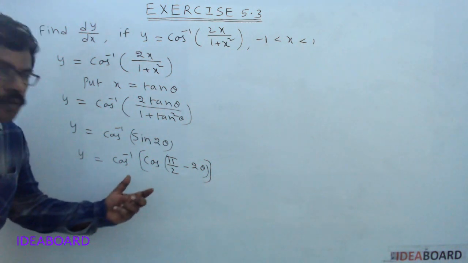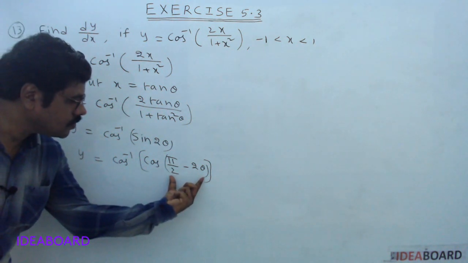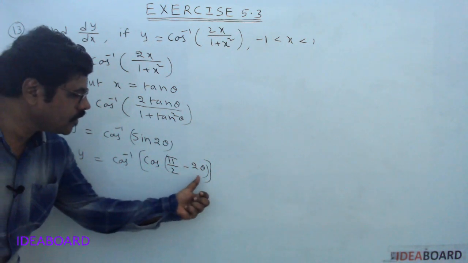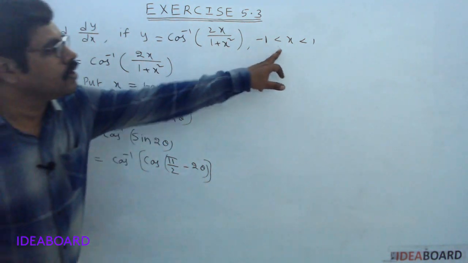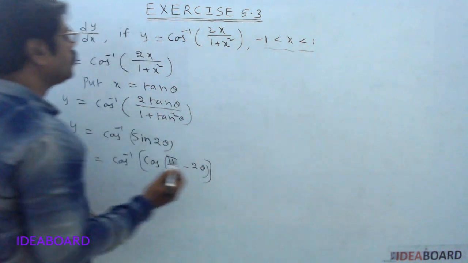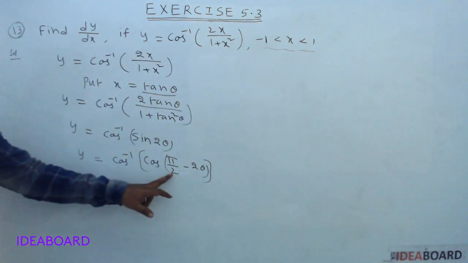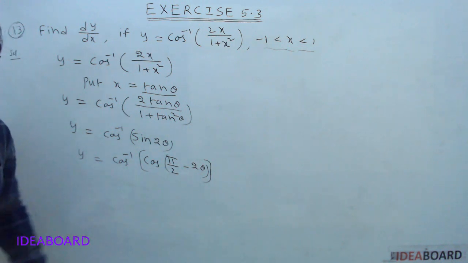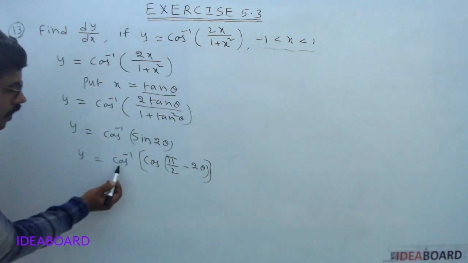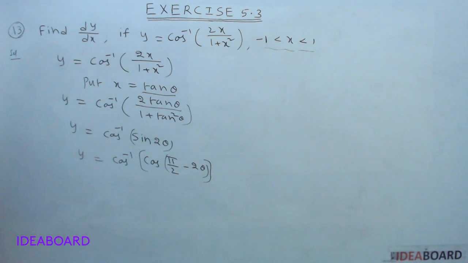Now here, if you try to verify this value of pi by 2 minus 2 theta according to this condition, through this substitution, definitely this pi by 2 minus 2 theta value lies in the range of the cos inverse function.